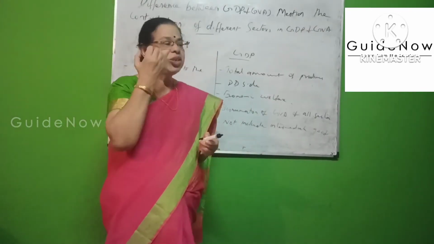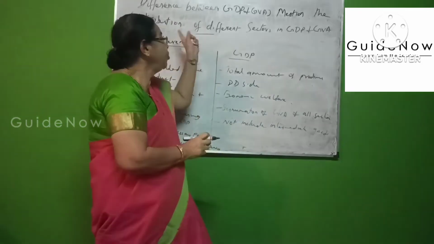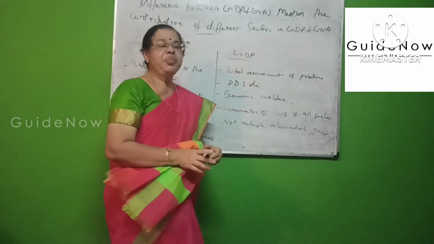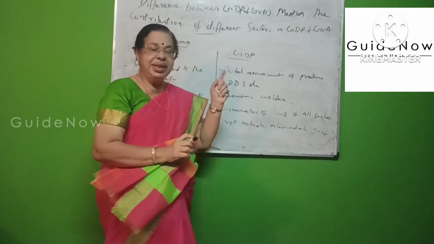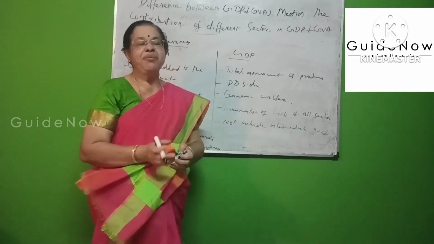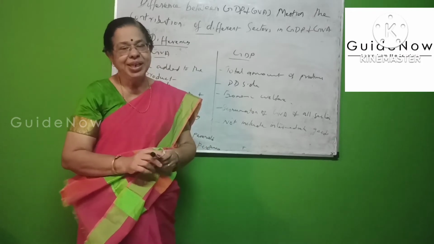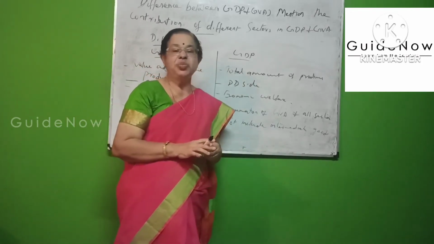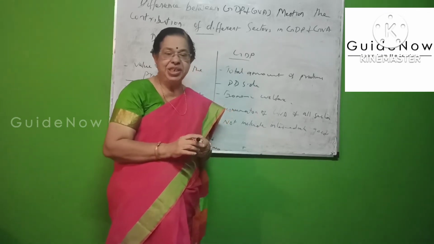So the first part of our question is the difference between GDP and GVA. To make a clear picture about the difference, first we explained the meaning and definition of GDP and GVA. Next, what about the important difference between GDP and GVA?